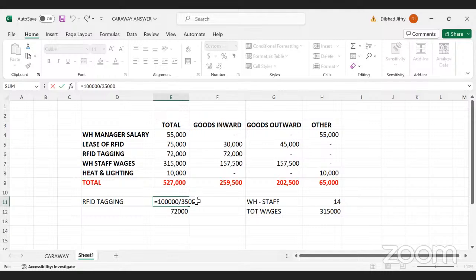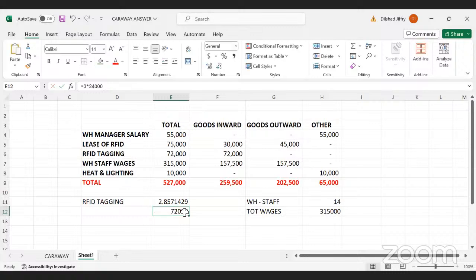So that comes to about 2.86 staff. We can't have 2.86 staff, so we say 3 staff. 3 into 24,000, so that's the 72,000 here. And the entire 72,000 relates to goods inward.